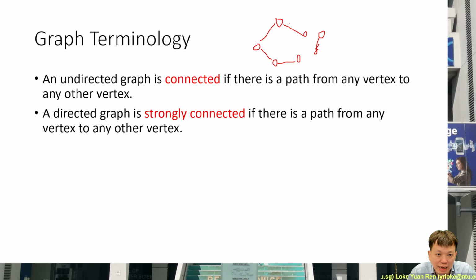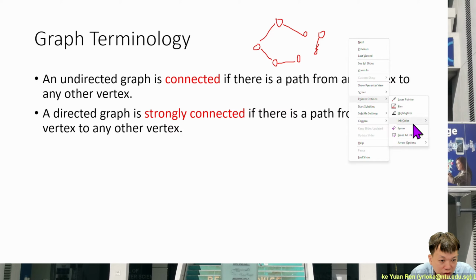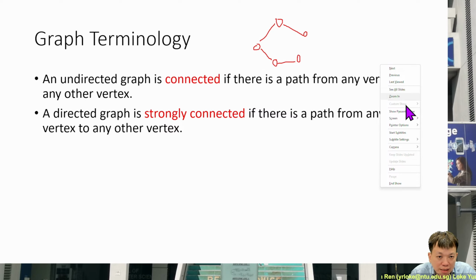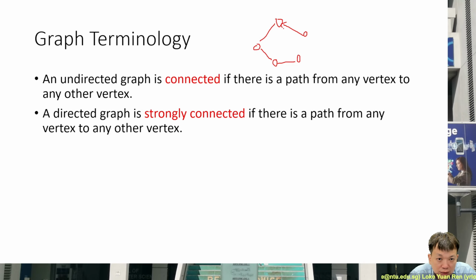For a directed graph, definitely this one is not strongly connected. I need to introduce the direction. This way, this way, this way, this way is not enough. I need to add one more.